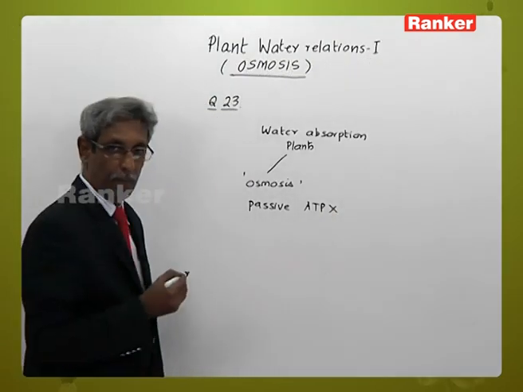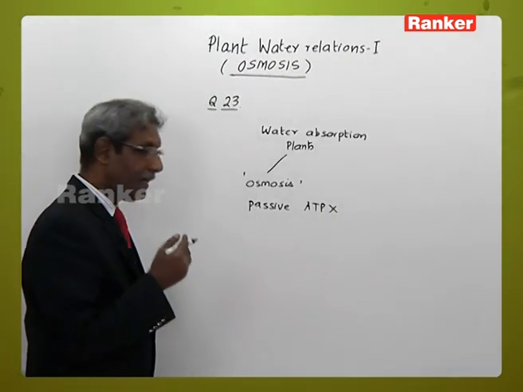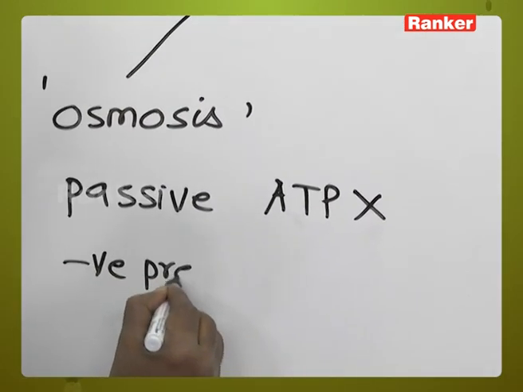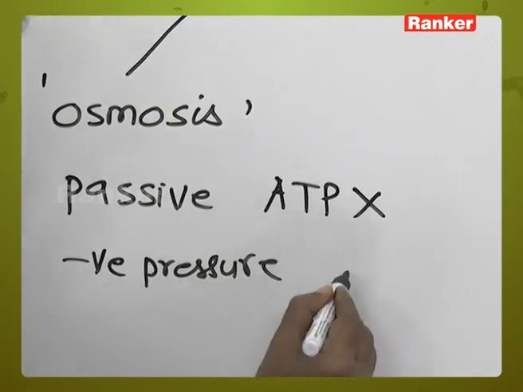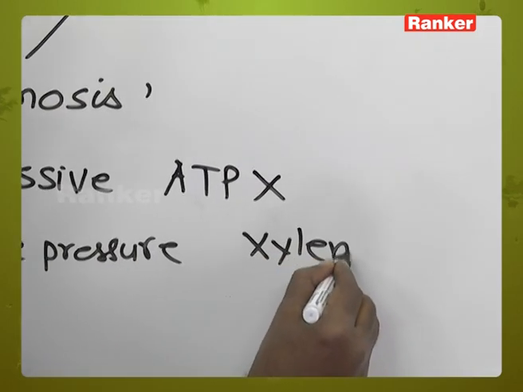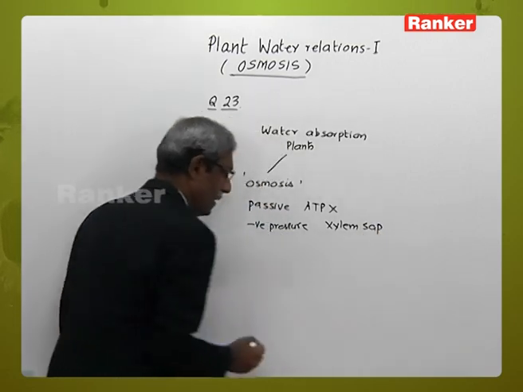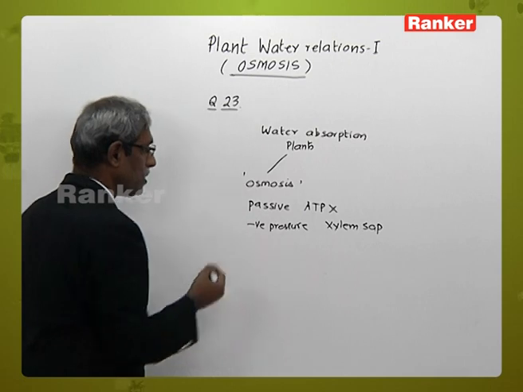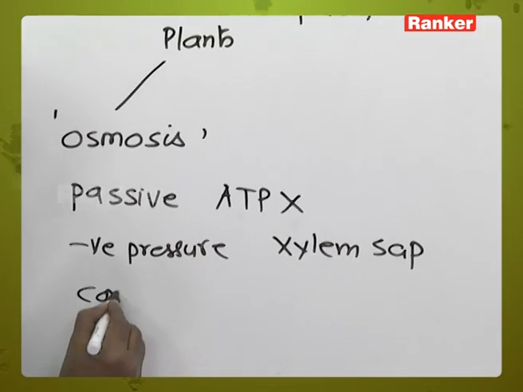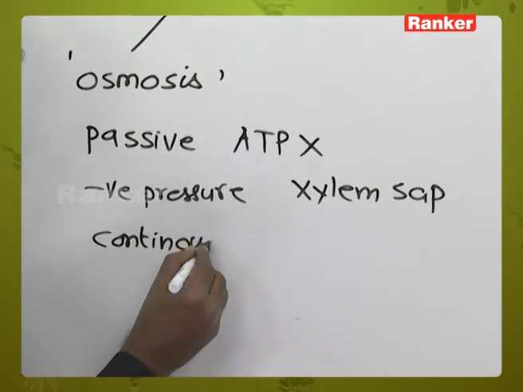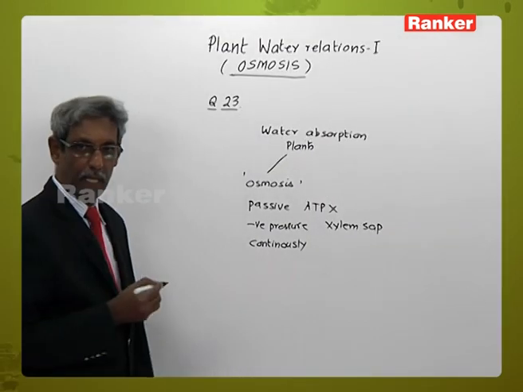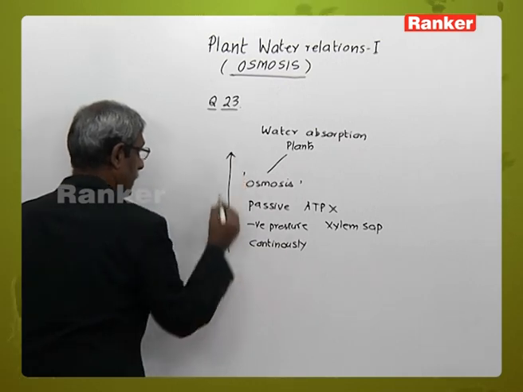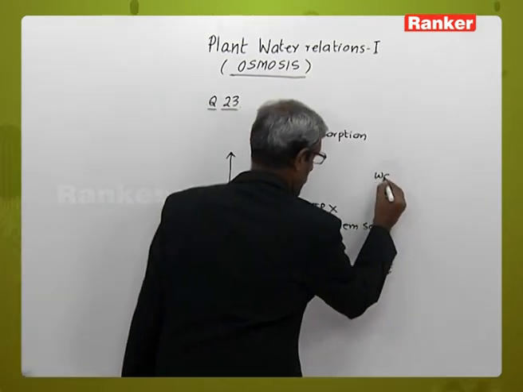ATP is not involved, and it is created because of a negative pressure. The negative pressure is attributable to the xylem sap. The sap gives a sort of negative pressure or a pull, and the process of water absorption occurs continuously. It occurs continuously, and all of these together determine the water requirements of plants.